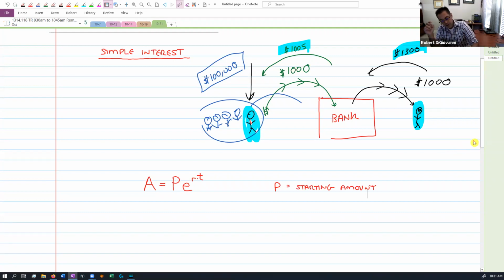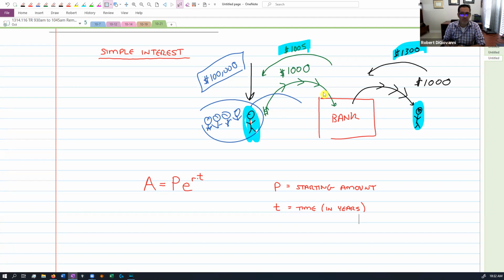The next important thing here is T, and this is time, and it's measured in years. So if this person goes and puts $1,000 into the bank and says, hey, I'm going to leave that in there for 2 years, then T would be 2.